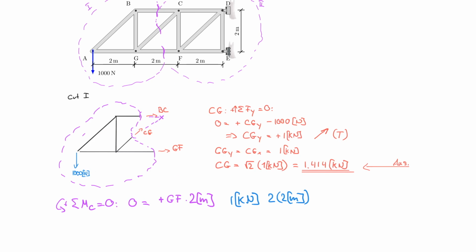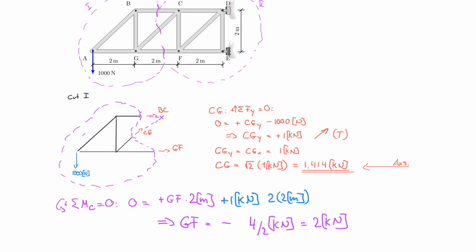So therefore it's also positive. And now I can solve this for GF. So GF actually happens to be negative 1 kilonewton, so that's 4 kilonewton divided by 2. All right, so that is effectively 2 kilonewton.